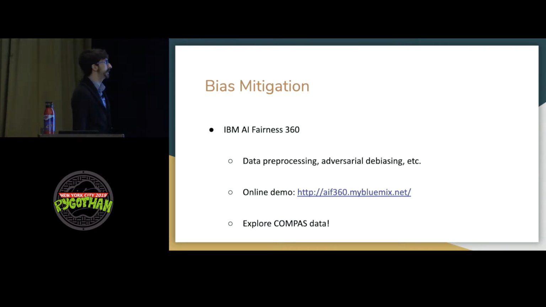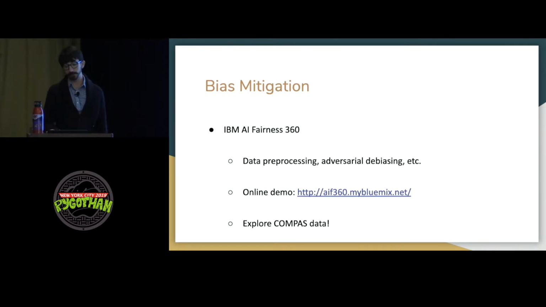On top of explainability, there's also bias mitigation, which is pre-processing in order to minimize the harm that a model causes. The example I chose to use here is IBM's AI Fairness 360, because you can just go online and play with it. There is an API, but there's a demo site that you can fire up and within 30 seconds have a model trained and an audit report for it.